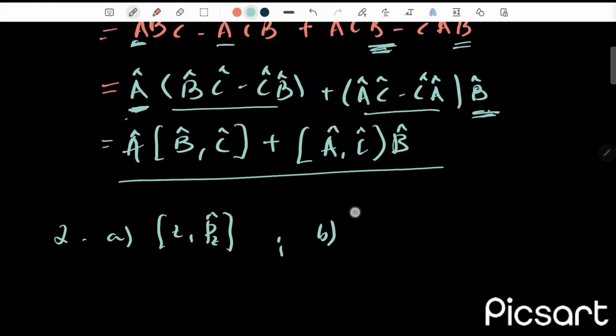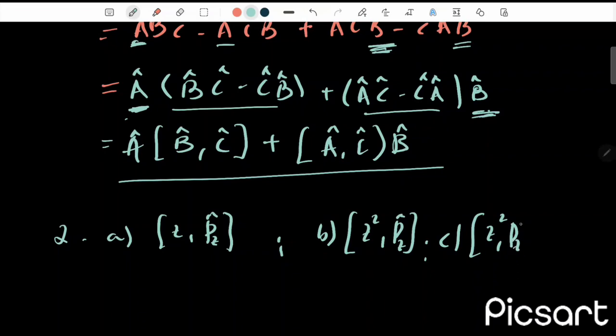We have B, the commutator of square of Z and the Z component of the linear momentum, and C is the commutator of square of Z and P of Z square.